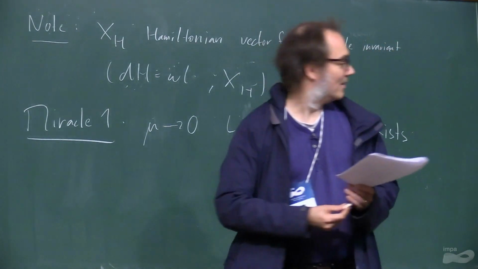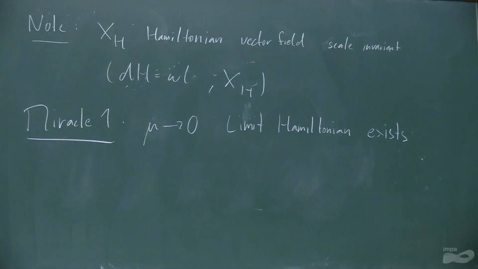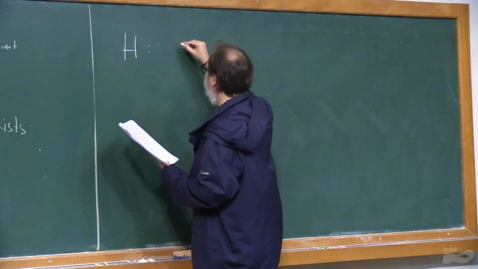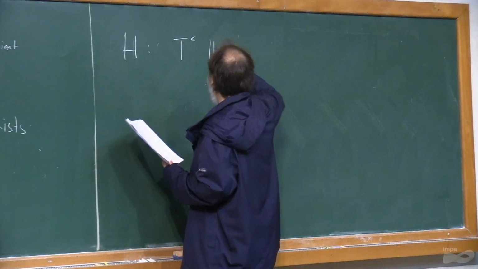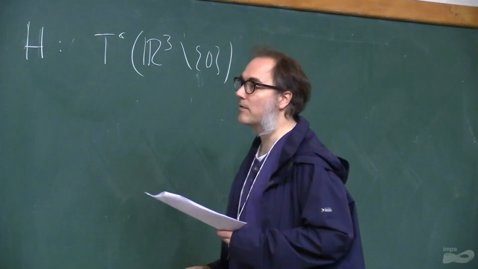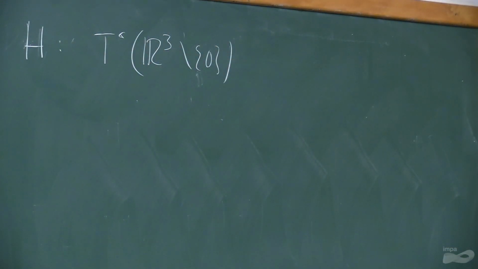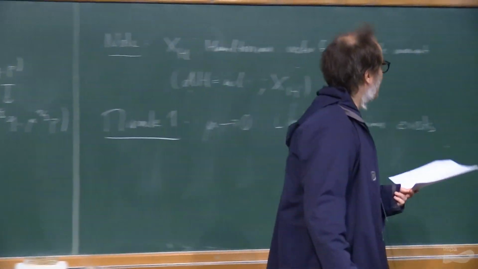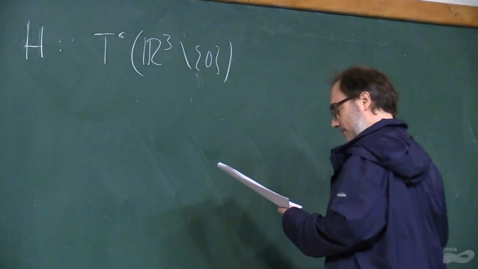And what is the limit Hamiltonian? So let's write down the limit. So H is now on the cotangent bundle. We have now the Moon at the origin, and the Earth escaped to infinity. So we have just one singularity left, at 0 in R^3.